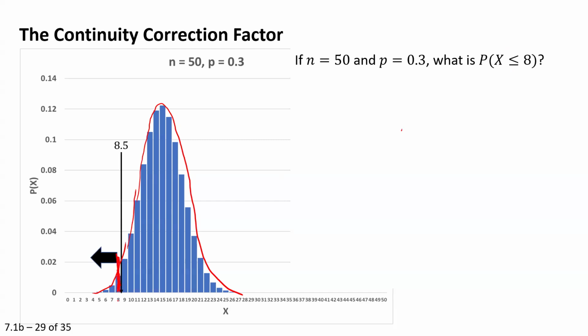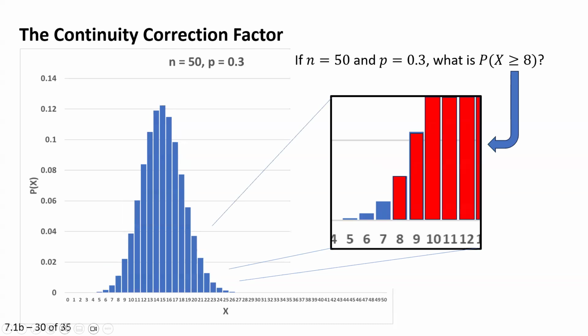I would say no, because each is an entire whole bar. 7.5 to 8.5, then 8.5 to 9.5. These are the boundaries for each one of those discrete separate categories here.